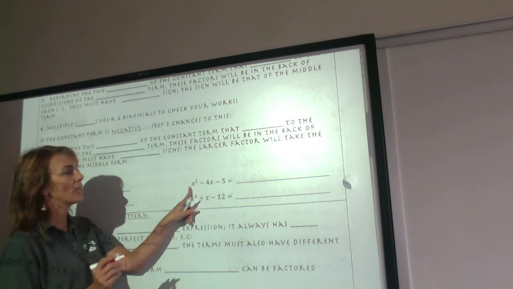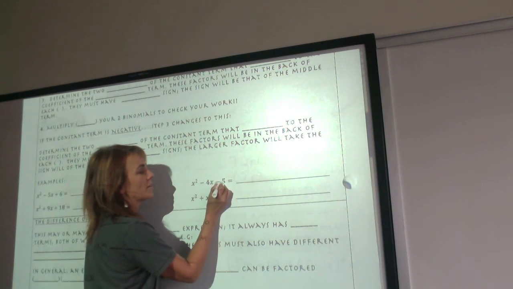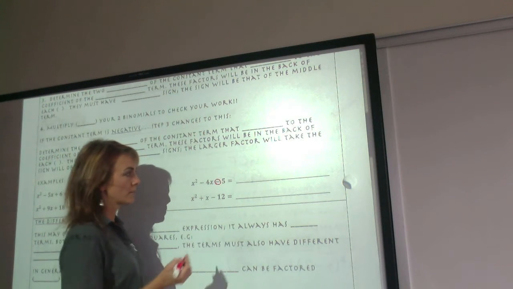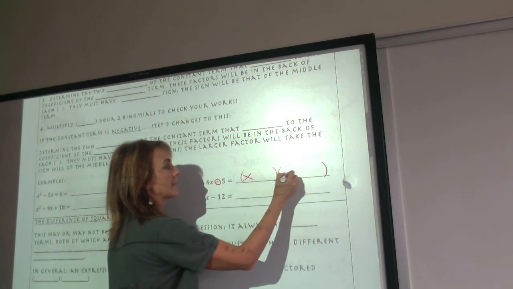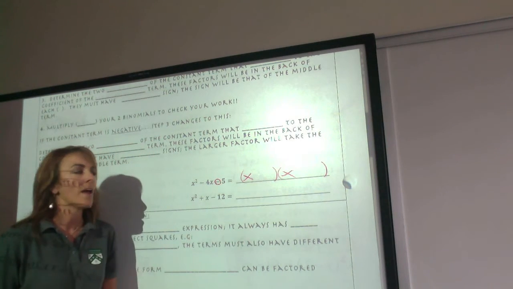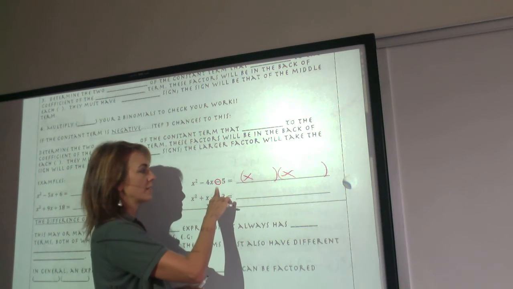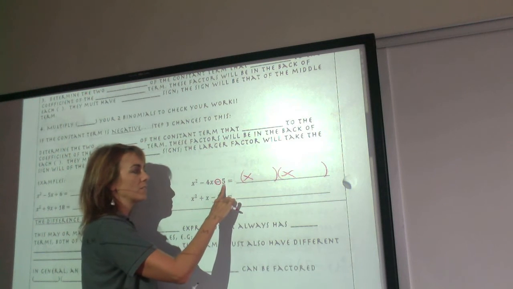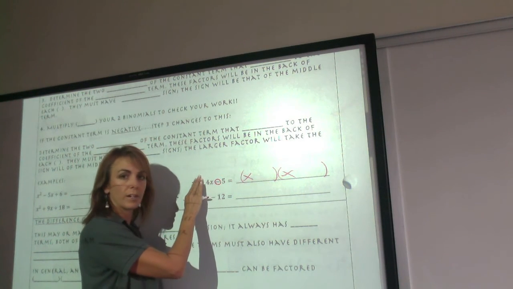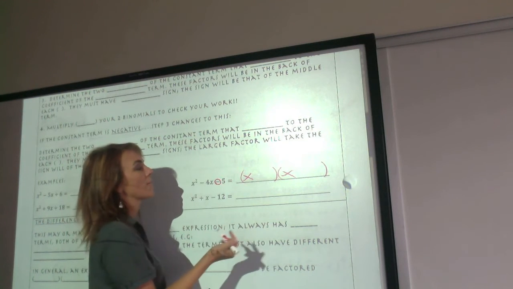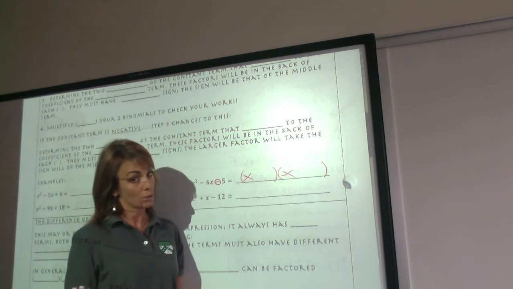Let's try this one. Notice that we have a negative here. All right, so we're going to open up our two sets of parentheses, putting that x in the front of each. And with this negative here, this says I want to think of factors of 5 that subtract to make 4. Forget the negative here at the moment. Okay, so what are the factors of 5? Well, there are only 2 factors of 5.